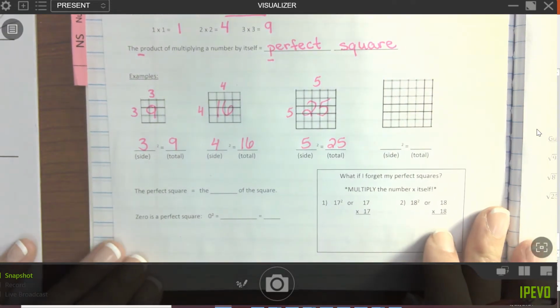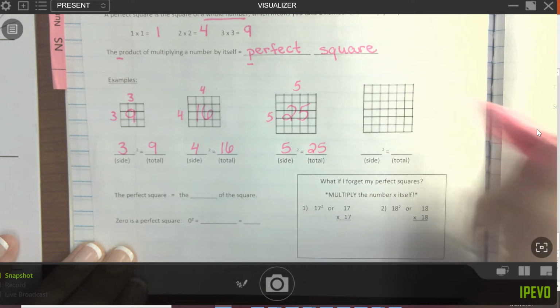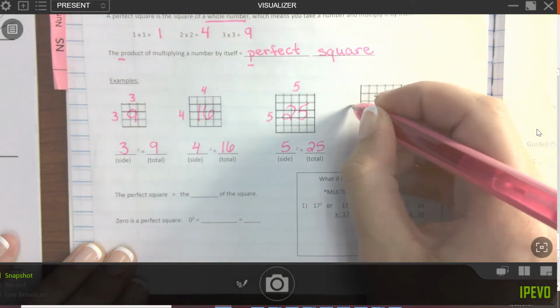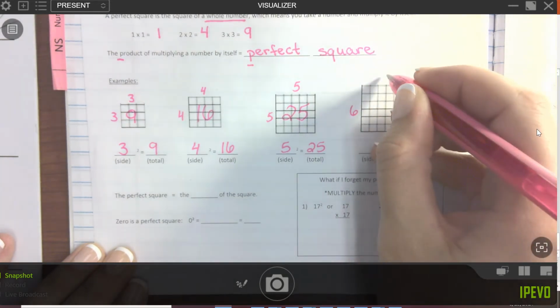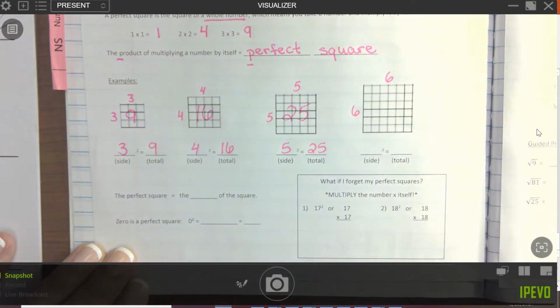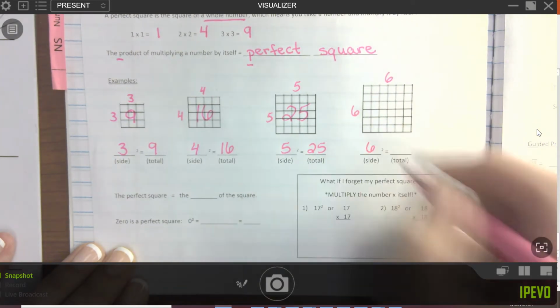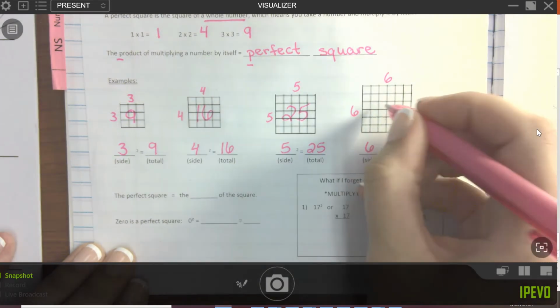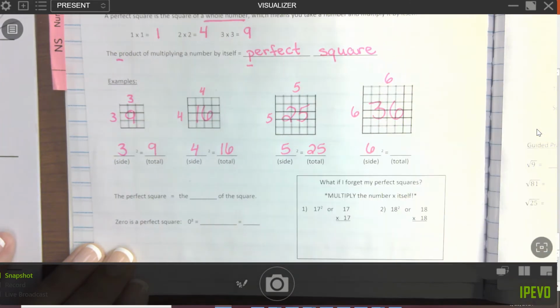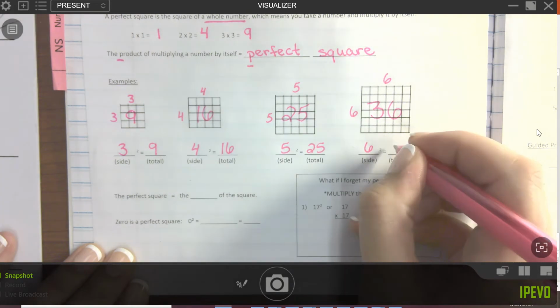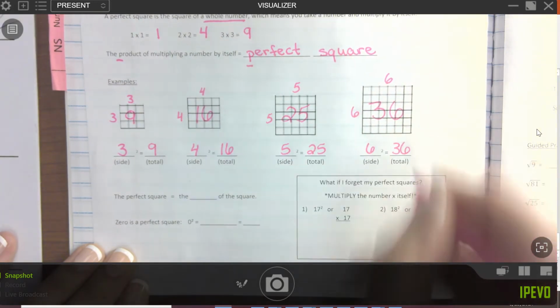And in this last model here, you would have a side length of 6 on this side by 6 on this side. So your side length is 6, and you square it, which would give you a total of 36 squares in the big square. So 6 squared is equal to 36.